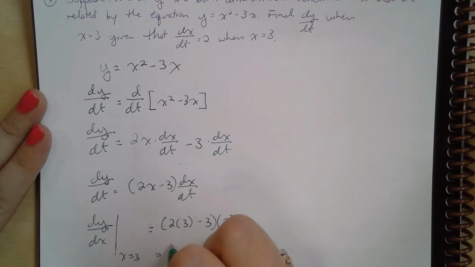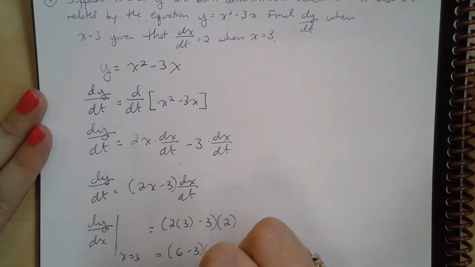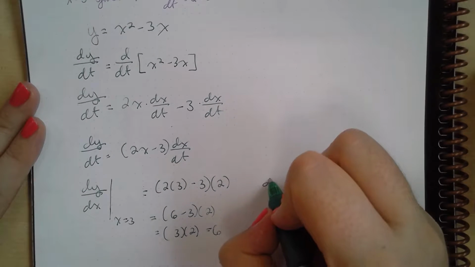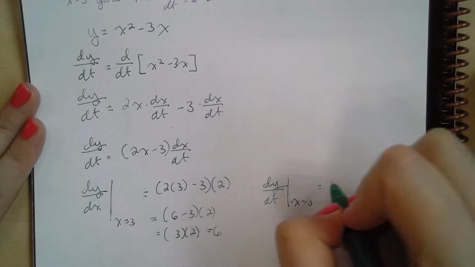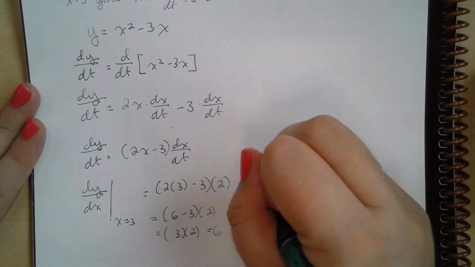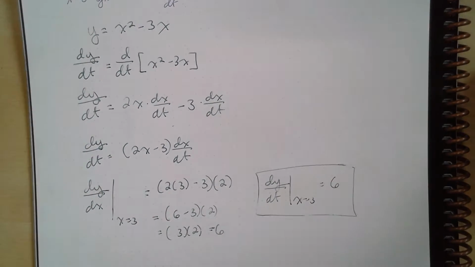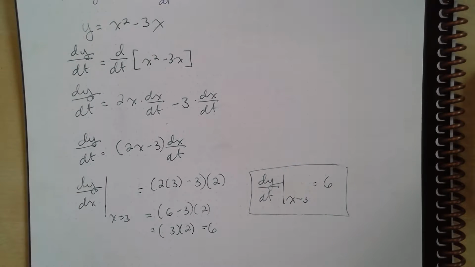So that's equal to 6 minus 3 times 2, which equals 3 times 2, which equals 6. So dy over dt when x equals 3 is equal to 6. And that's our final answer. We found the derivative with respect to t of that problem.